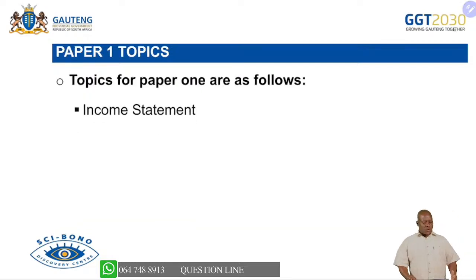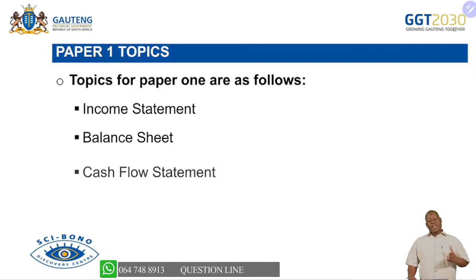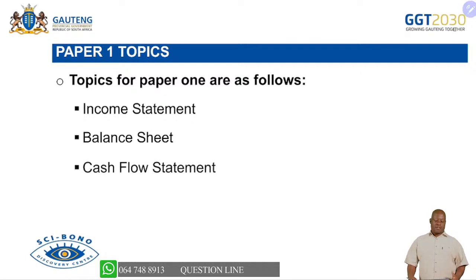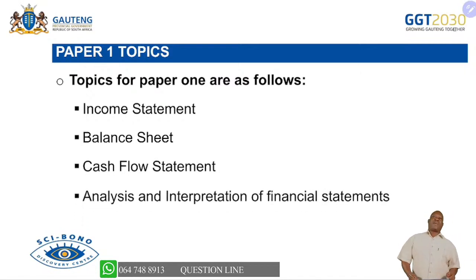When we get to paper 1, these are the topics to expect. Income statement, statement of comprehensive income, balance sheet, statement of financial position, cash flow statement. And then we are also going to expect the analysis and interpretation of our financial statements.